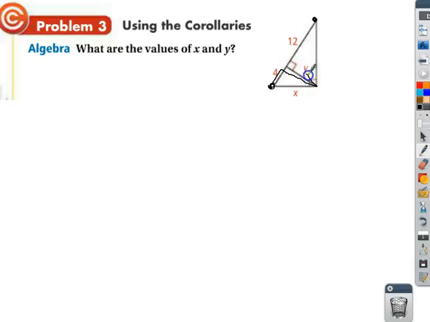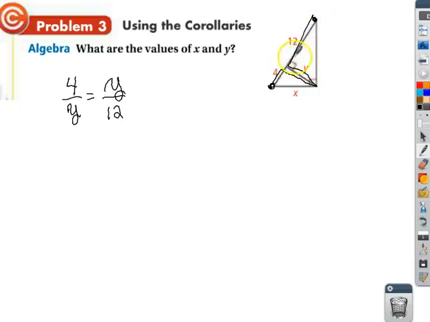So, beep. That's going to be 4 over y equals, what do you think goes up here? y over 12. Now you might be thinking, well, Mr. Baker, what if I did it the other way?